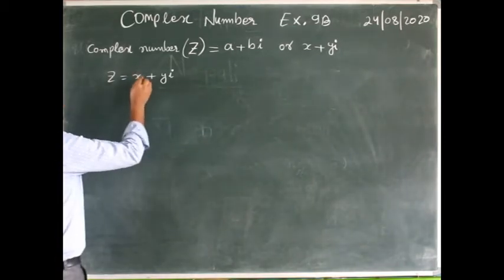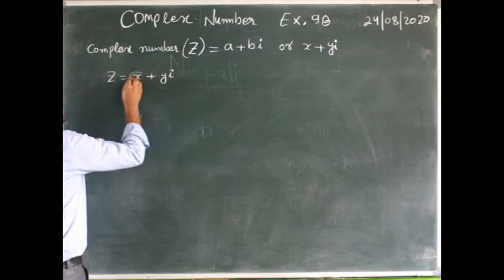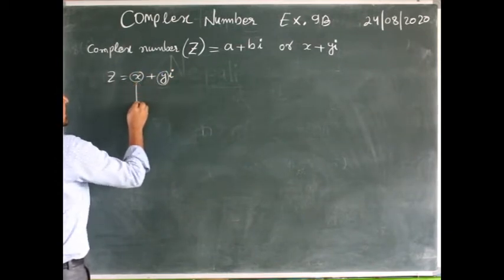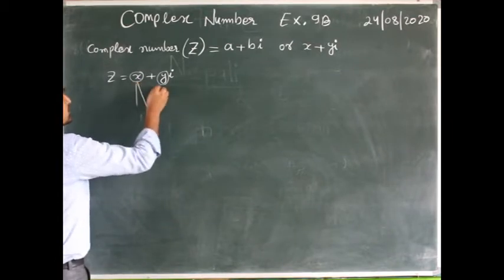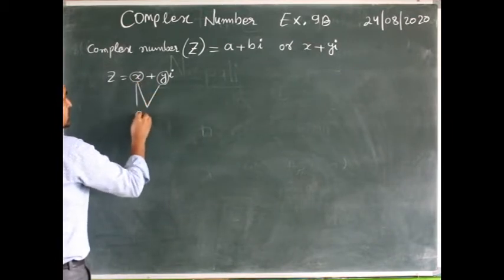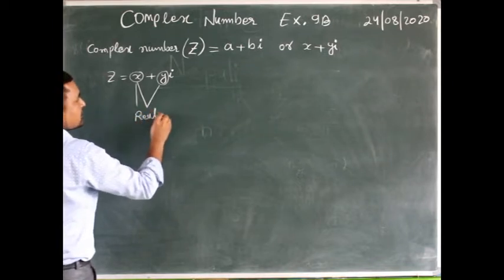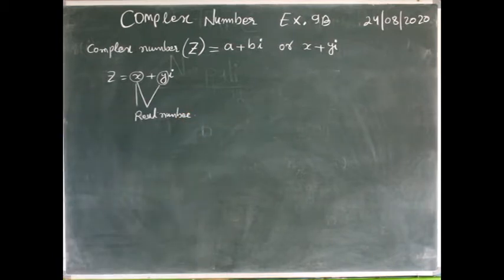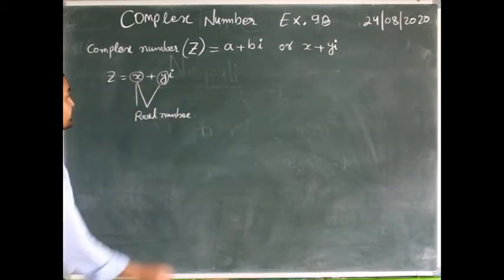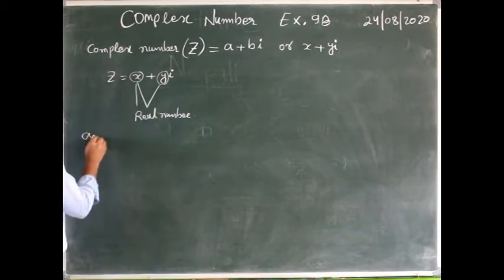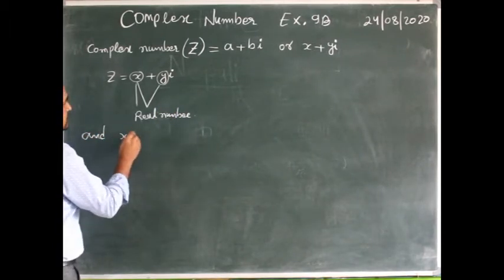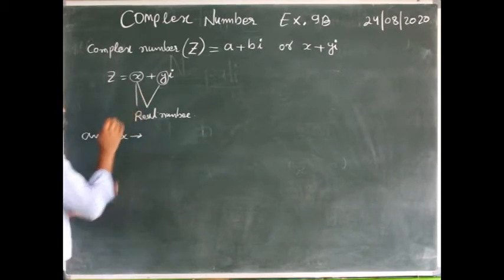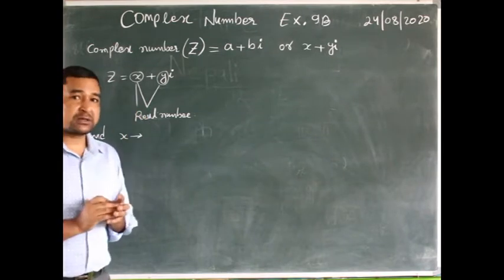Now this x and y are real numbers. X itself is called the real part, because a complex number is the combination of two parts.